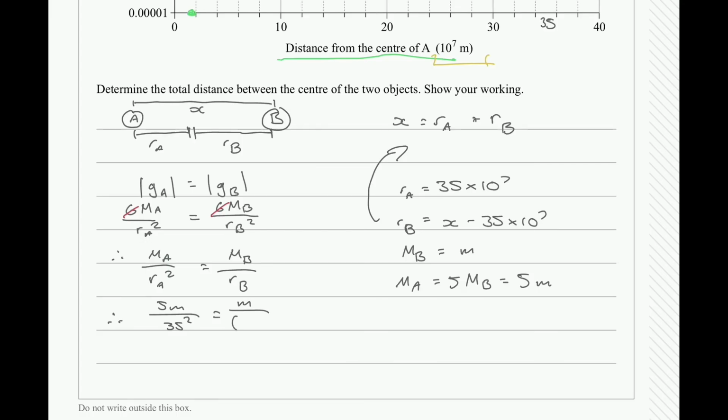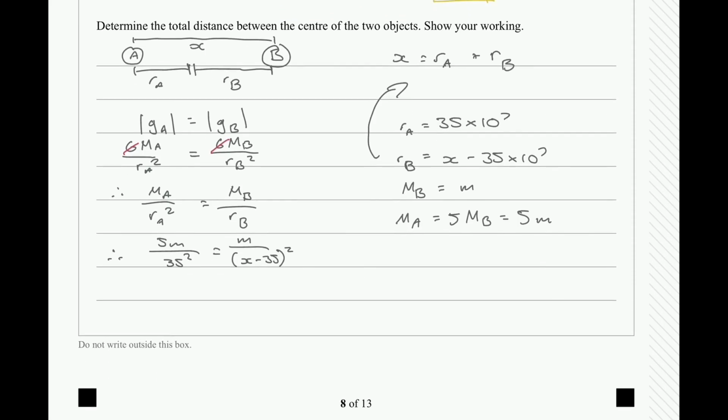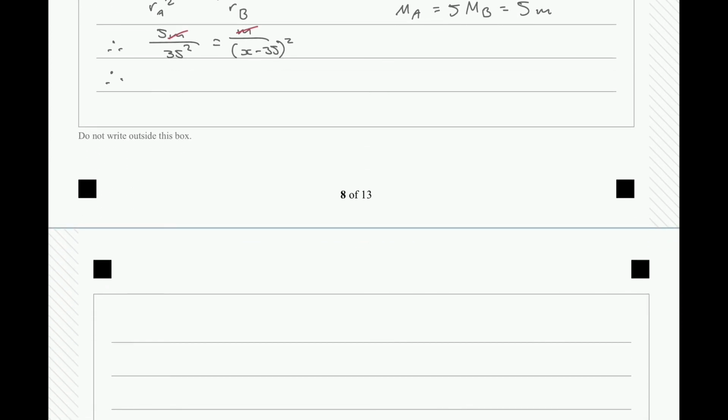is equal to m divided by, here it is, x minus 35 all squared, because it's RB squared. What we notice here is we can cancel out the m's between the two, so I'm going to continue over the page, and I'll use red so it can stand out for us.